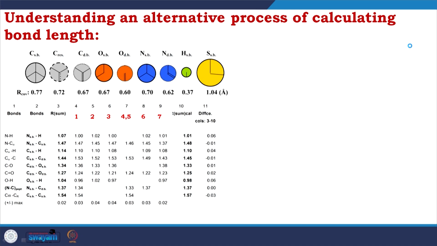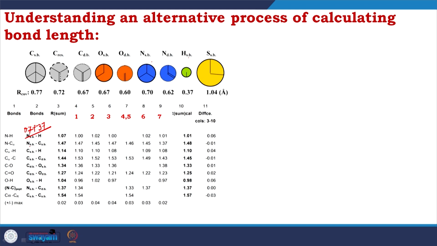All of them you could calculate, and we have just added them, we did not do anything else. So, NH means N single bond and hydrogen single bond. We take N single bond, which is 0.7, plus hydrogen single bond, which is 0.37, which means 1.07.